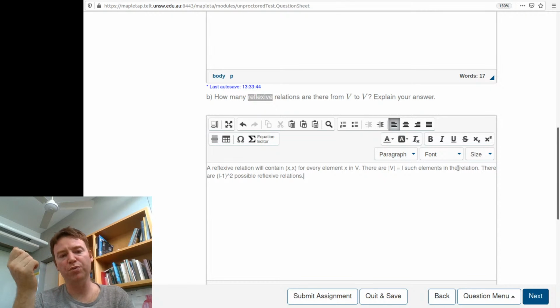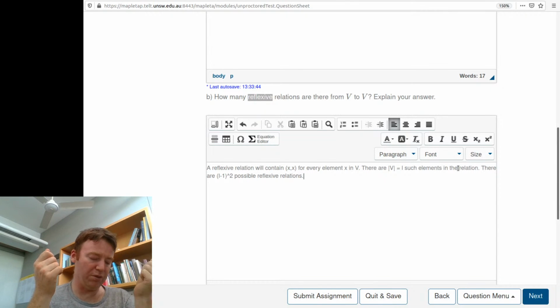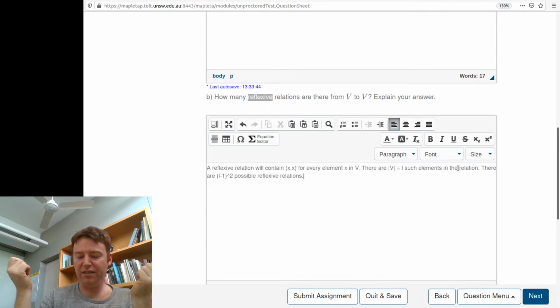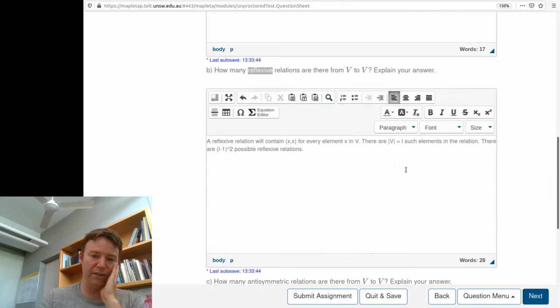Because you look at your relation, and for every element you have to choose its corresponding element in the Cartesian product, and then you have the option of choosing L minus 1 other things, and you do that for every L. So it's L minus 1 all squared.